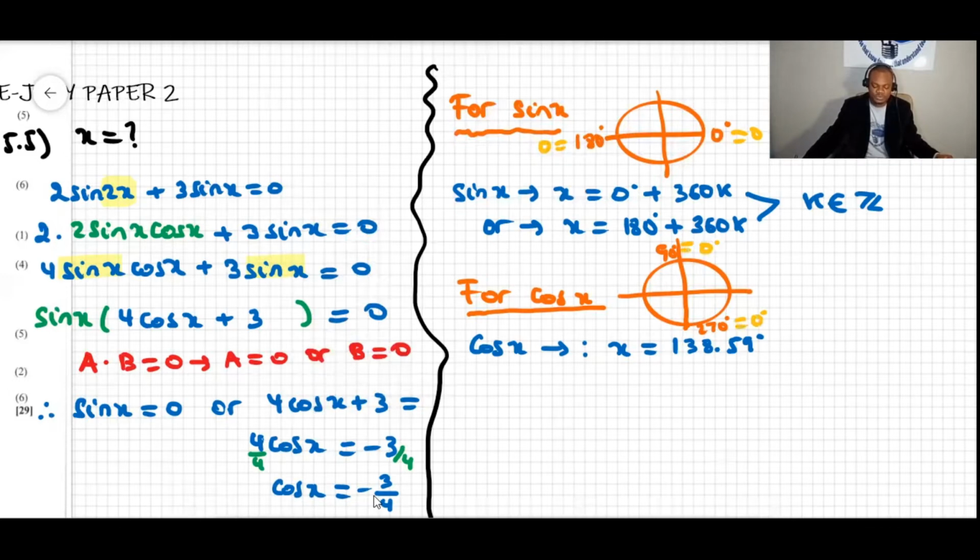Now, what we're going to do, we say that cos x is 138.59 in the first quadrant. So this will be 138.59 degrees plus 360 degrees k.